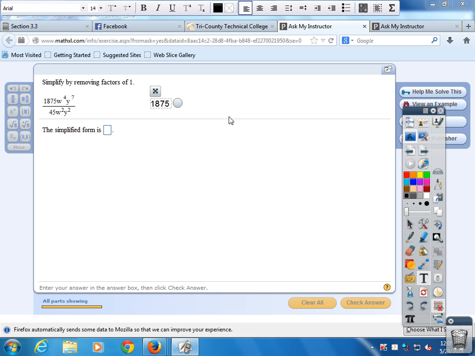1875 divided by 45. Now, I'm not too concerned with that one. Y'all can do that one because y'all are good students. The w to the 4th divided by w squared.